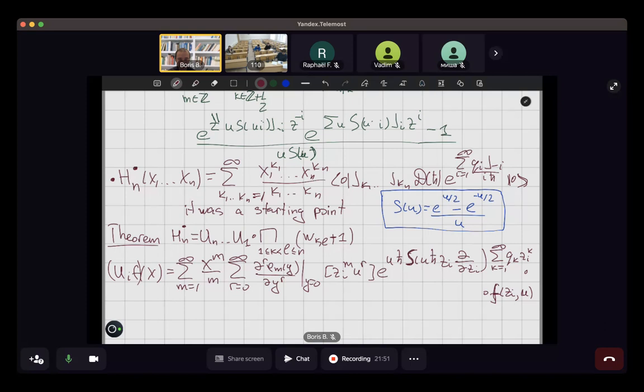So in fact, we want to obtain some rational function. Finally, we will obtain a rational function in these z variables, not in these x variables, but in z variables, which I will define. This is the goal.